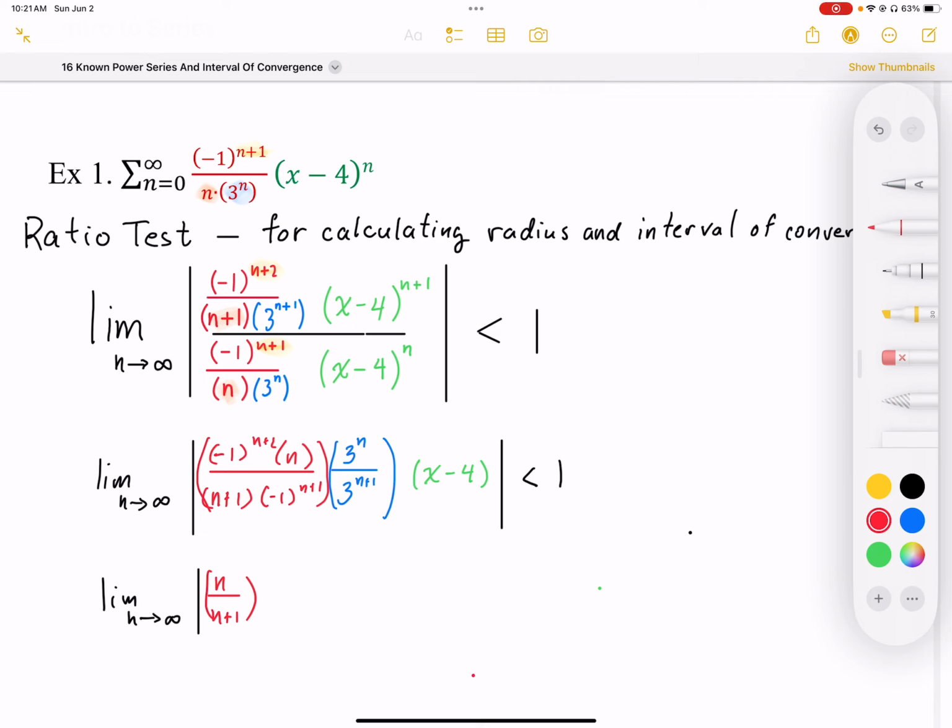And the negative 1, we're just going to end up with times by negative 1. For the exponential part here, we end up with 1 over 3 when the n's cancel out. And then we're left with the absolute value of x minus 4. And that all needs to be less than 1.